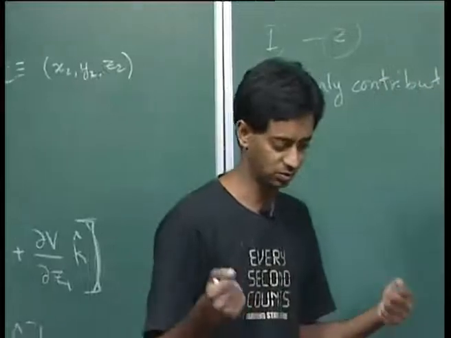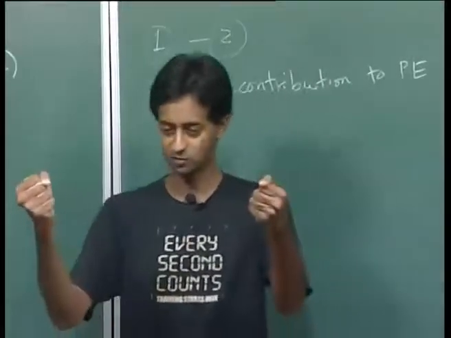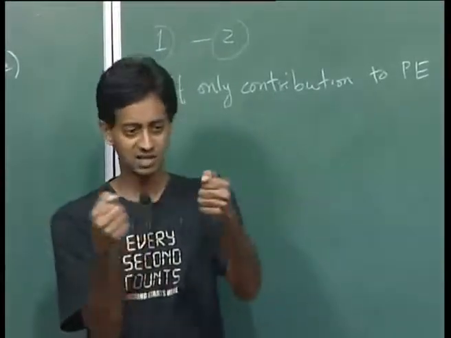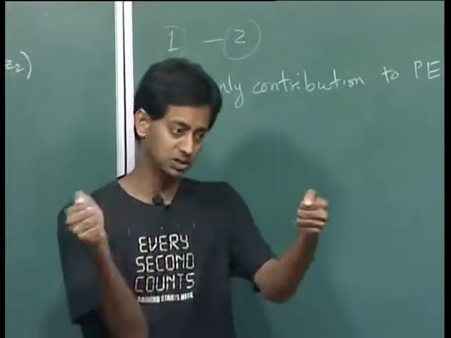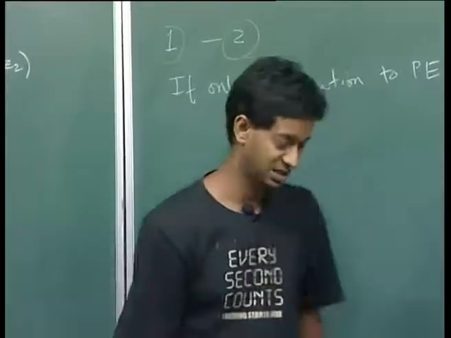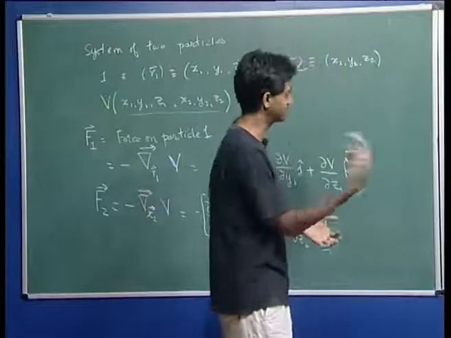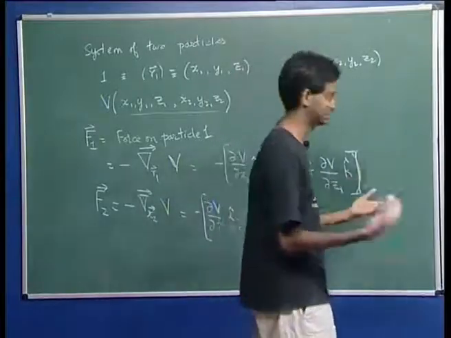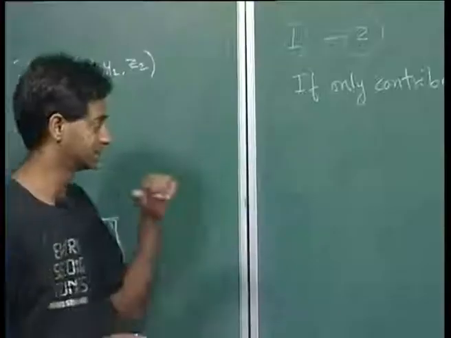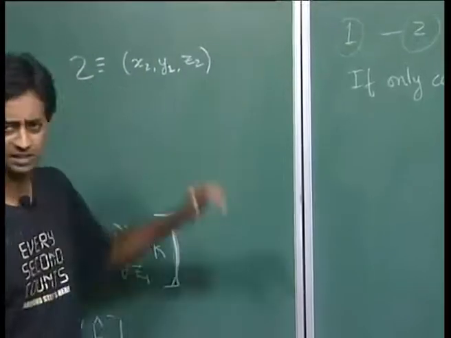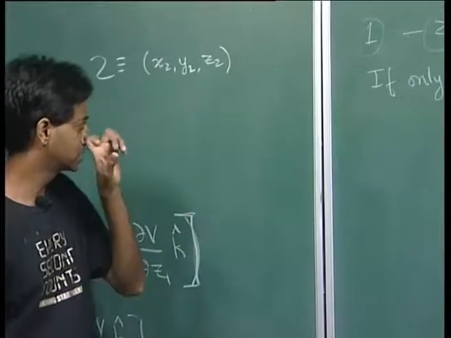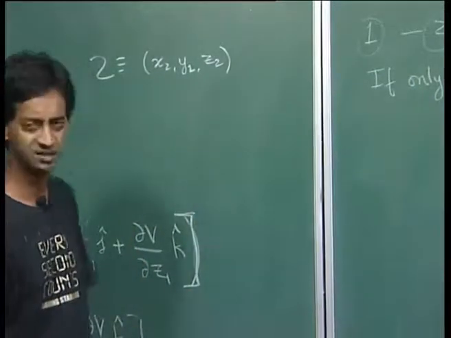So, if you have two charged particles, then the only force is due to the attraction or repulsion between these charged particles. You don't have any other contribution. You don't have an external electric or magnetic field, or any gravitational field or anything else. And this is a case that we typically encounter in various areas of chemistry.